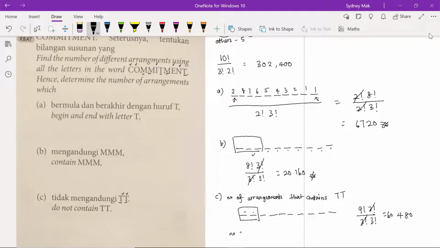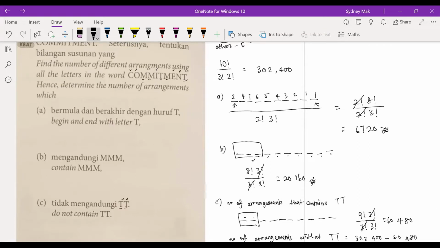But we want the complement, so the number of arrangements without TT. Therefore, the overall arrangement, 302,400 ways minus 60,480 ways.